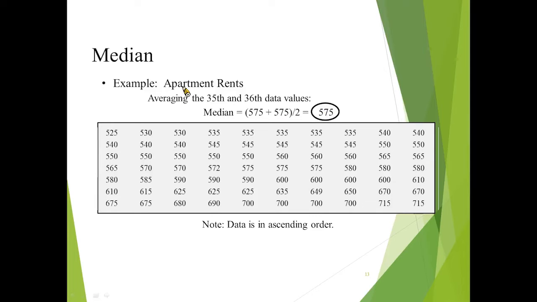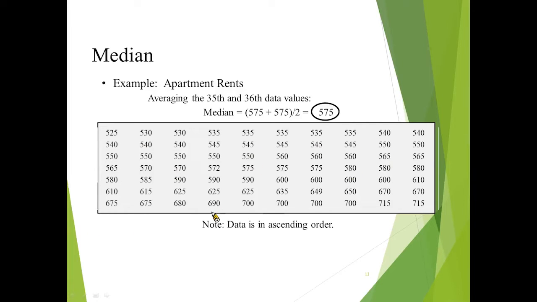For the apartment rent, the median is $575. We need to have ascending order, and you can see this ascending order.